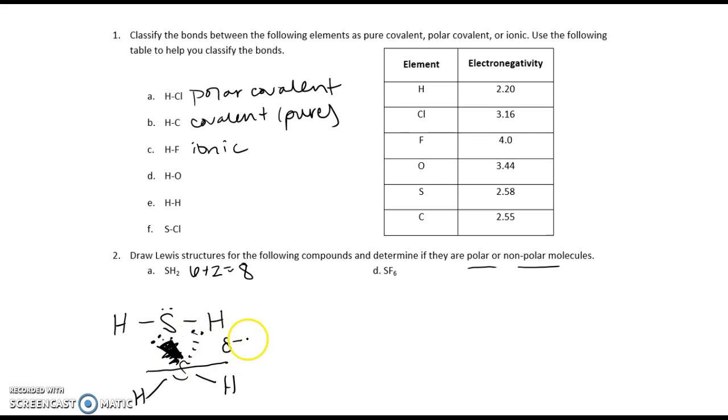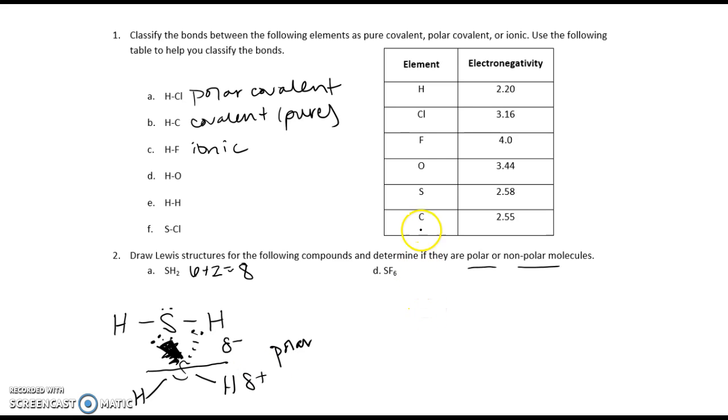Remember, it doesn't actually have a negative and positive area, or else it would be ionic. So partial negative and partial positive, meaning there's an area where all the negative is, and an area where all the positive is. Because you can easily divide that up, this is a polar molecule. You can identify these areas of partial negative and partial positive. All right, let's try the next one here.